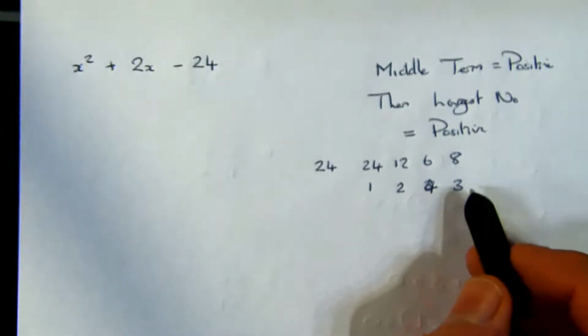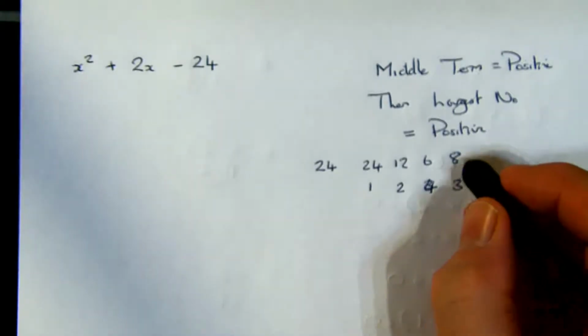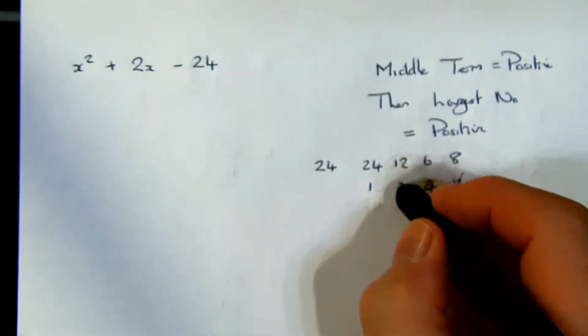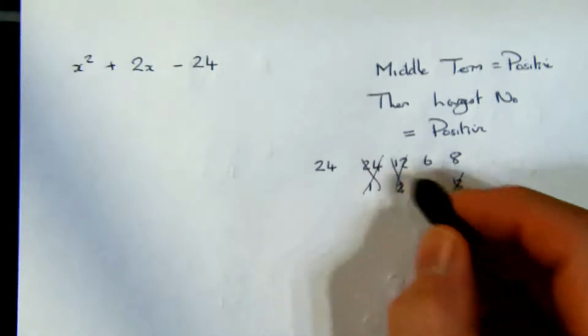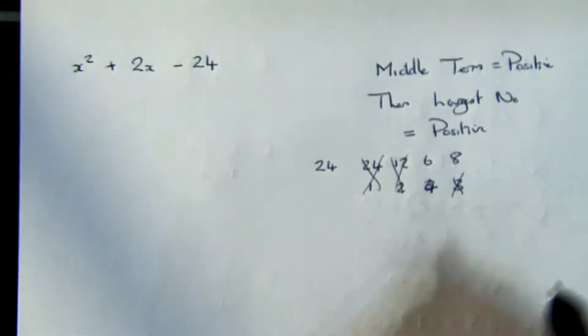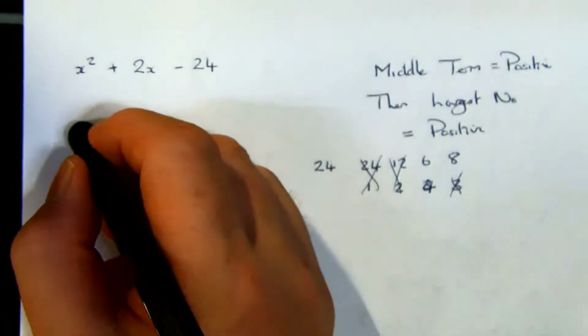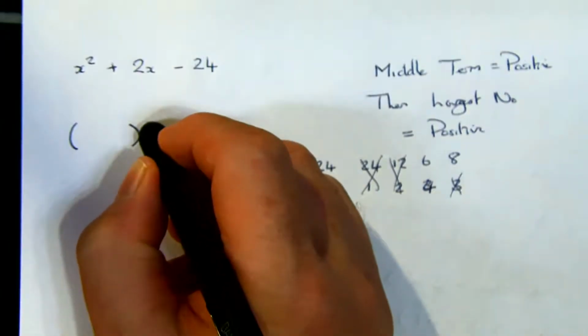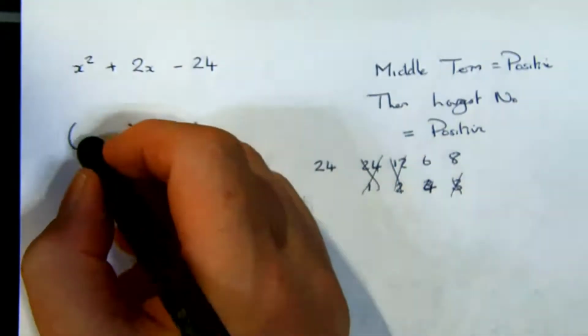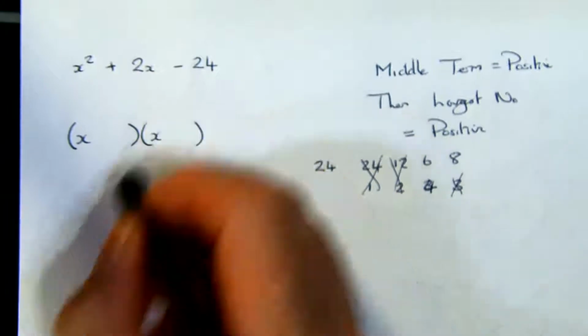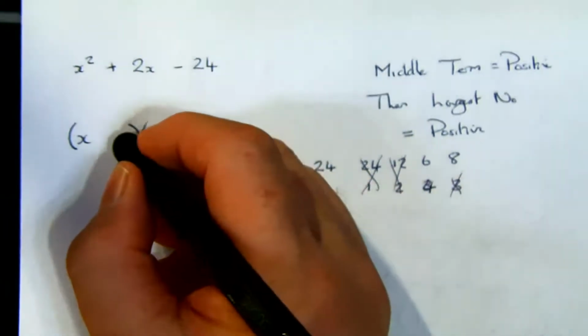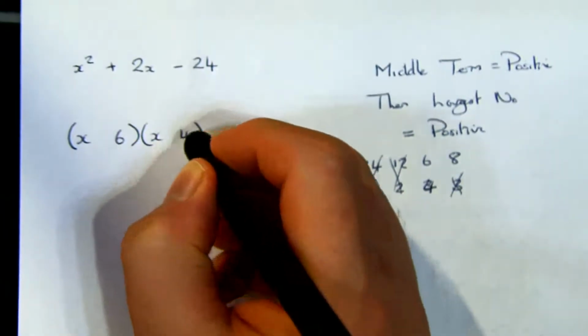Right, we want to try and make 2. 8 and 3, no. 12 and 2, no. 24 and 1, no. Yes, it was going to be 6 and 4. Let's draw in our brackets, put in our x's. And we know we've got 6 and we've got 4.